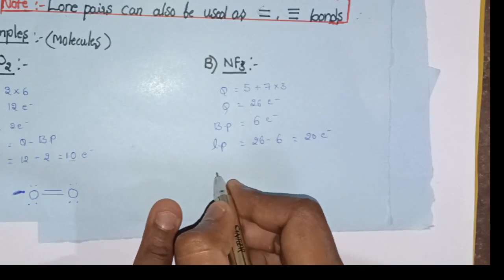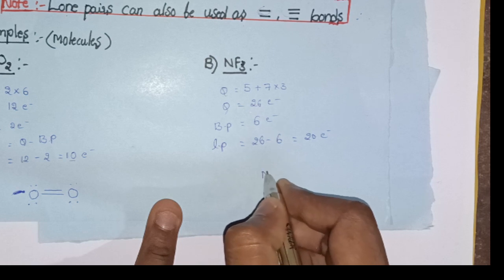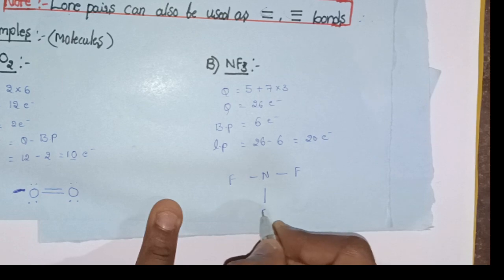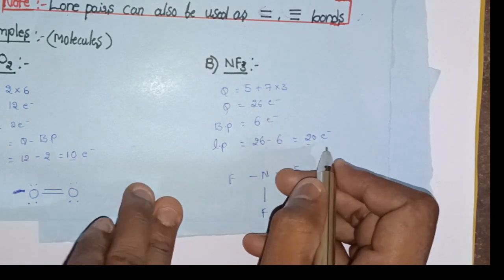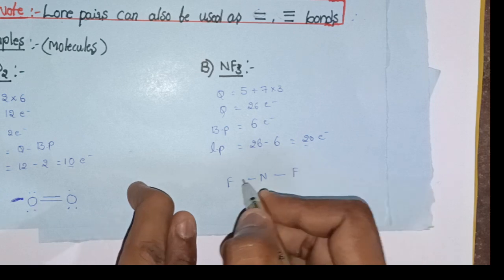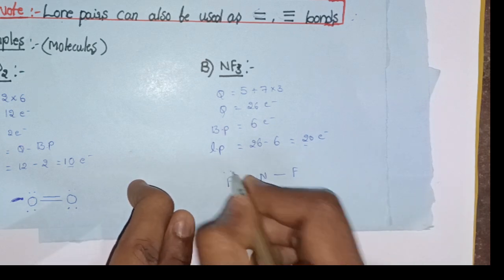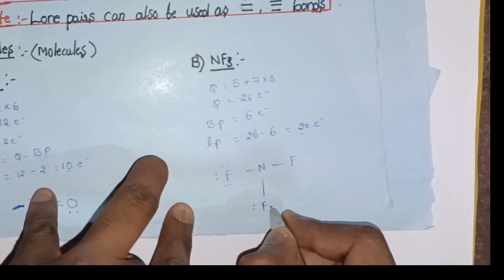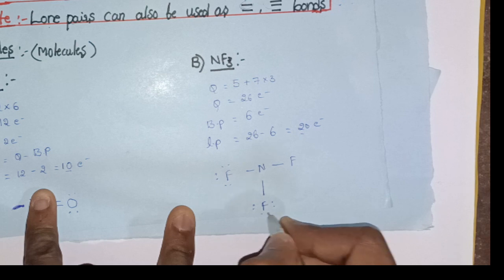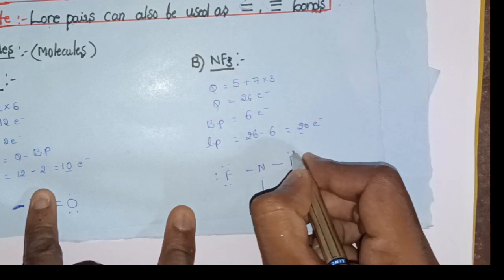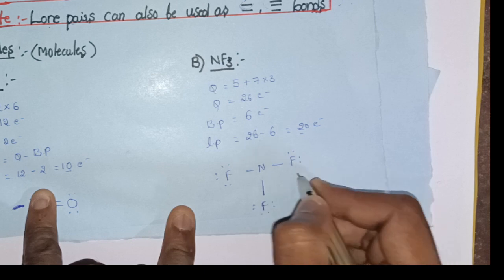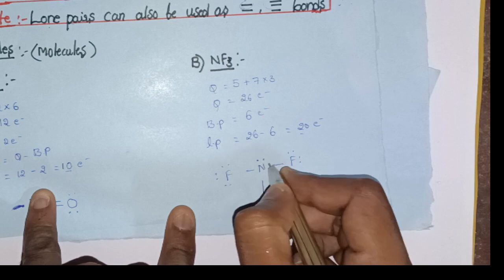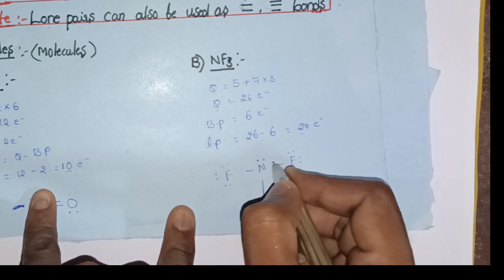Then the structure will be: we have to place 20 lone pair electrons in this molecule. 2, 4, 6, 8, 10, 12, 14, 16, 18 and 20. Here the central atom got 2 lone pair electrons.